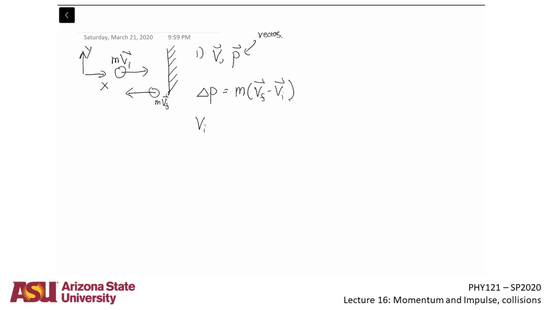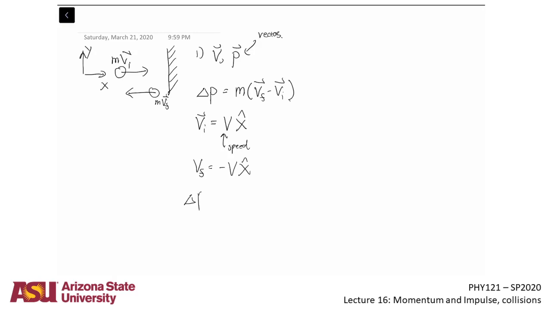V initial is, let's say, heading in the positive x direction, so this would be v x hat, right? This is the speed. V final is equal to minus v x hat.